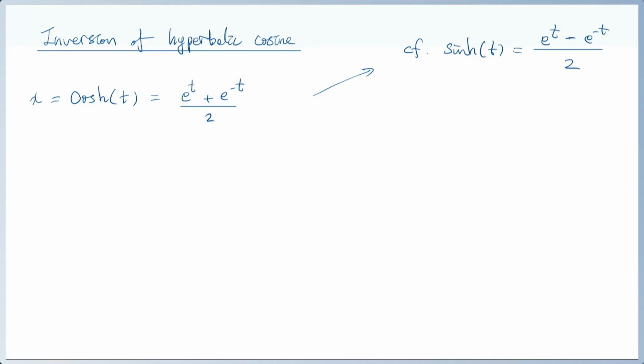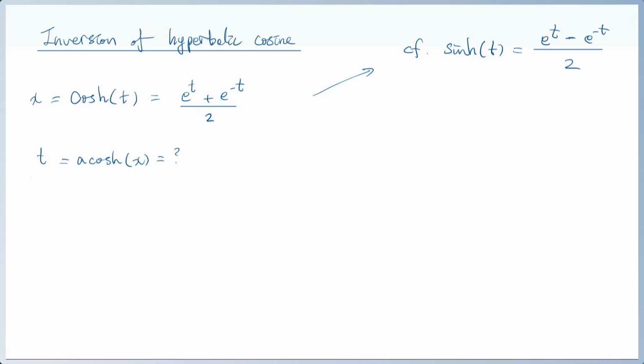Anyway, finding the inverse means isolating t. So here we have x written in terms of t. Now we want to isolate t and write an expression of x. Okay, so that's what we are trying to do.